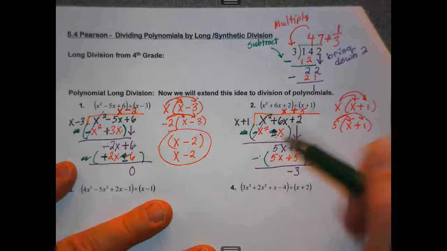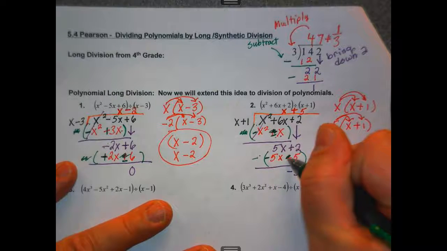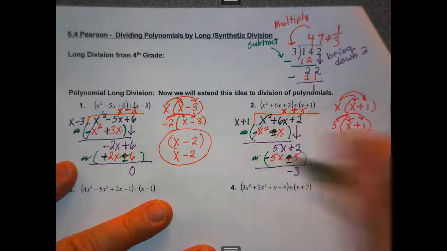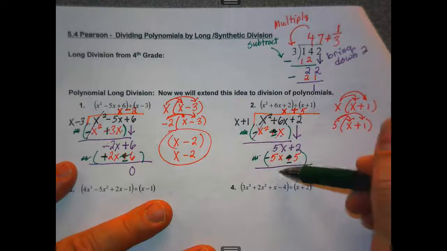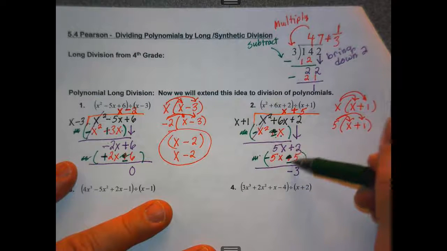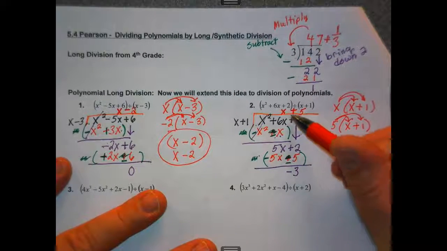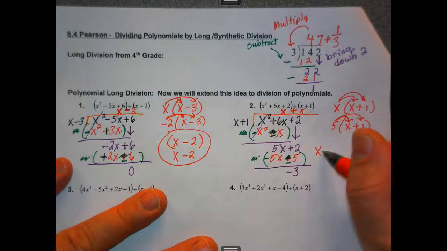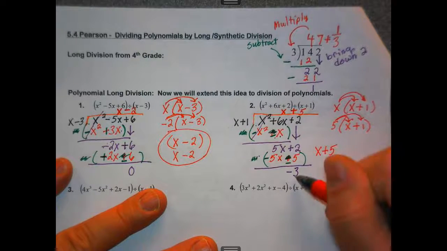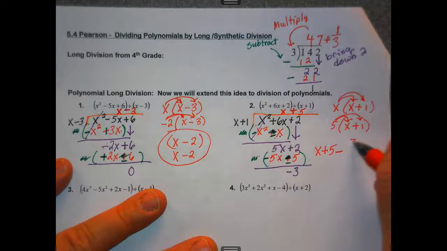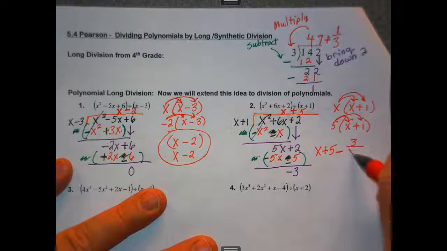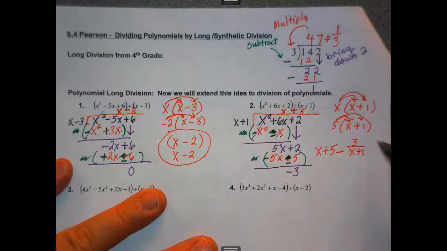See, I was switching the signs inside, so if you want to still do that, that's fine. 5x minus 5x is 0. 2 minus 5 is negative 3. So my answer here, x plus 5 minus the 3 over my divisor, x plus 1.